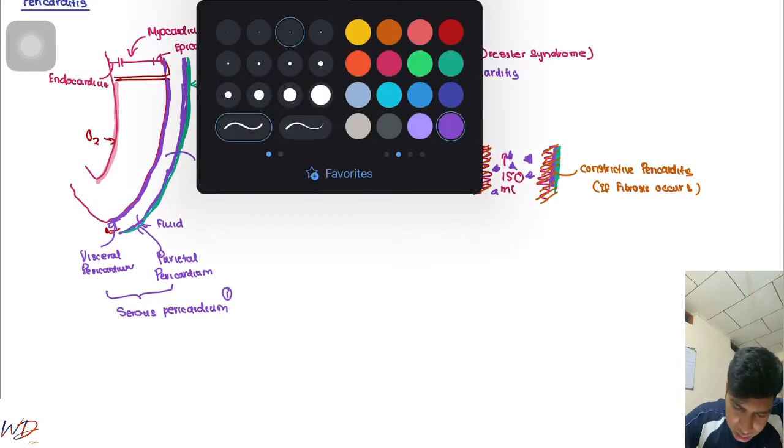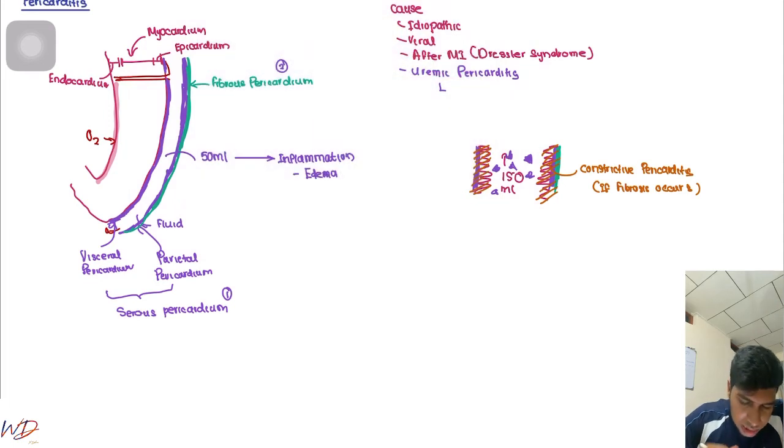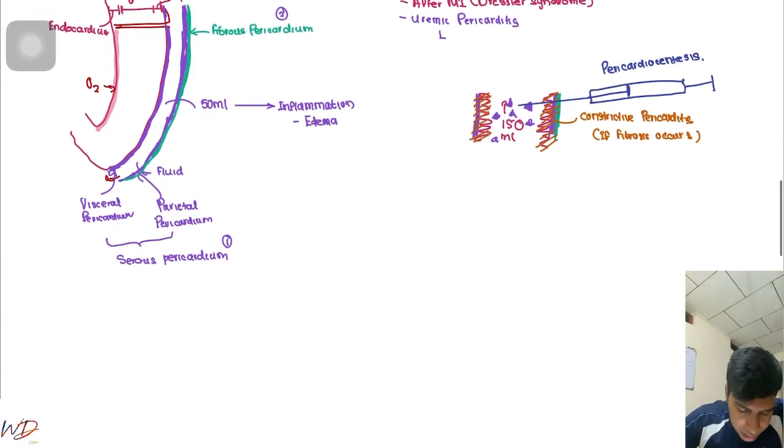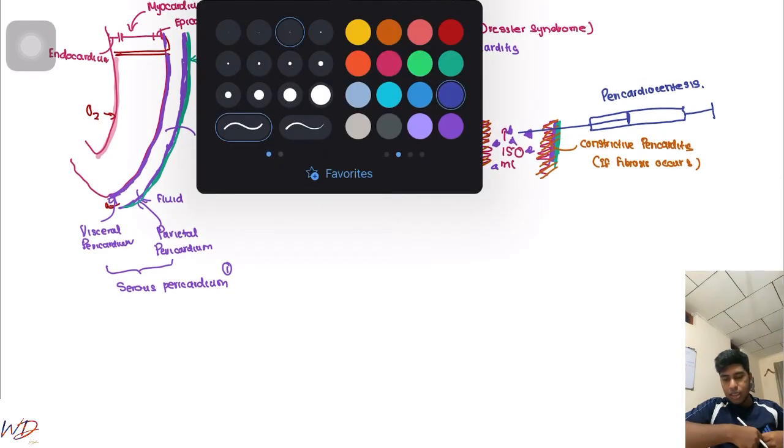So now, why is this important? Why did we talk about the pericardial space and everything? Because you need to know for anatomy a procedure called pericardiocentesis. What you do here is you put a needle into the pericardial space and extract that fluid out.